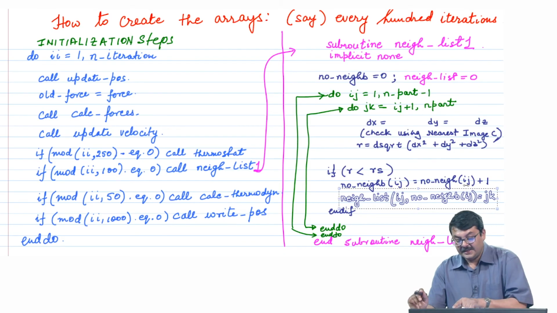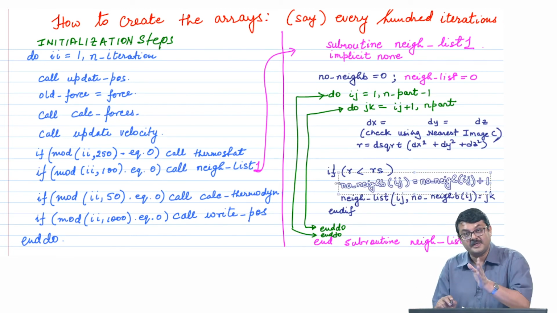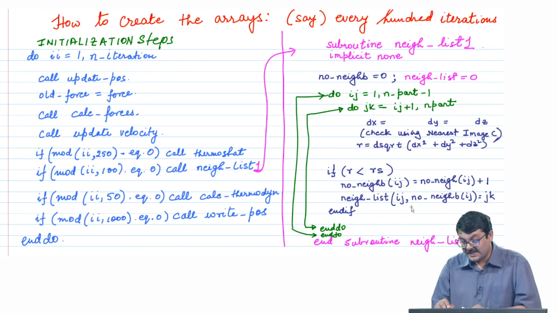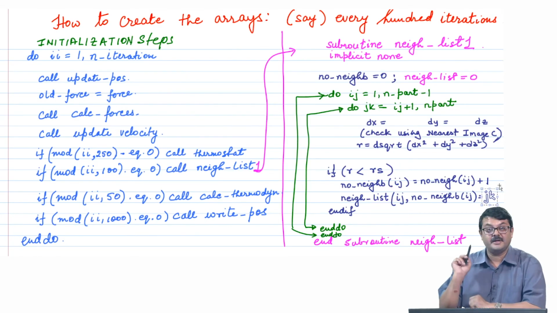This step says that for particle ij, the jth neighbor. See here you have incremented how many neighbors it has. So that number equals the particle index number, the neighbor index number.